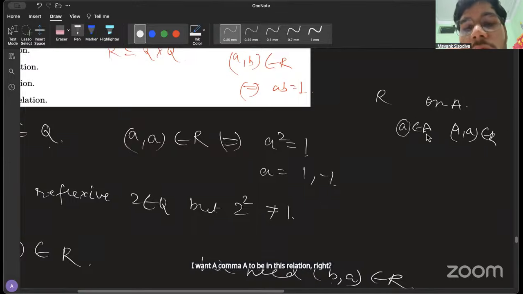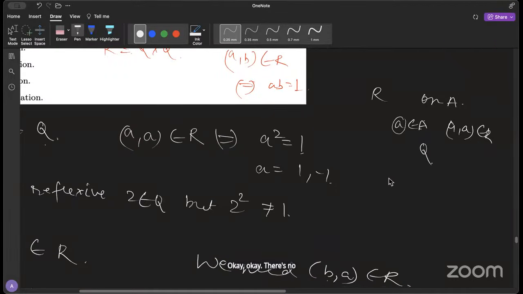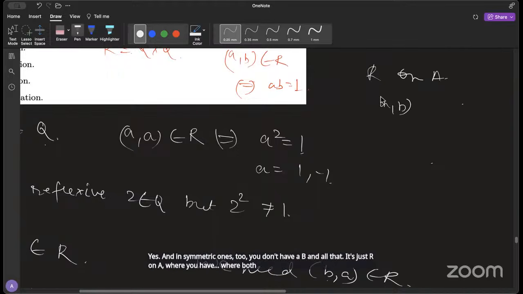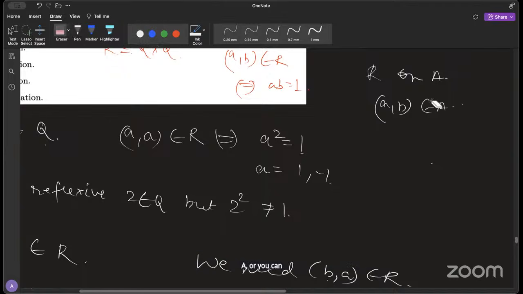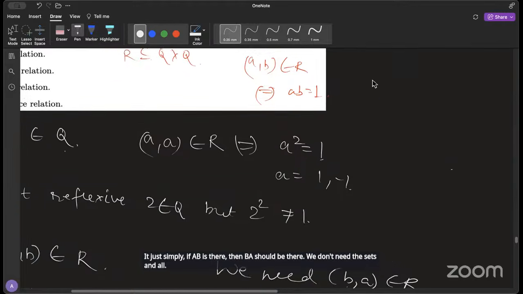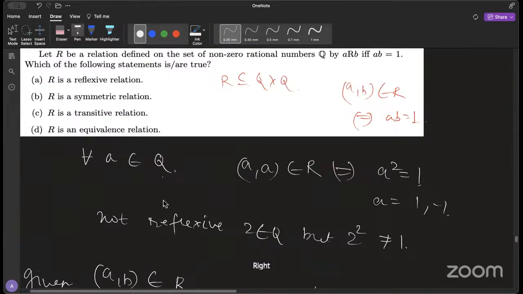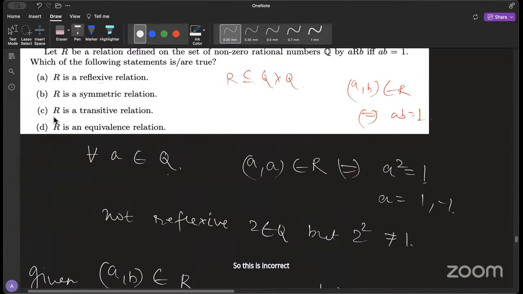In symmetric ones, you don't have these sets; it's simply that if (A, B) is there, then (B, A) should be there. But for reflexive, we need to know the set on which a relation is defined. So this is incorrect, and this one's correct.